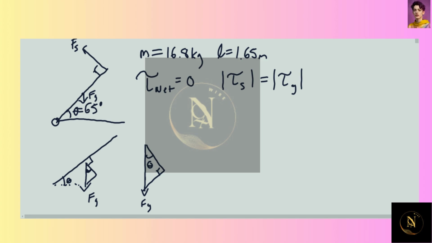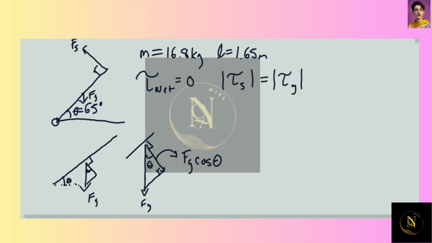So the component which is perpendicular to the trapdoor will be Fg times cosine of theta, which is a little counterintuitive because usually when we're doing torques, we deal with sine of theta. But we want the component of gravity which is perpendicular to the trapdoor, and with the theta that we're given, we end up using cosine of theta.